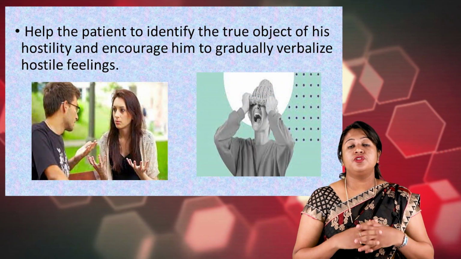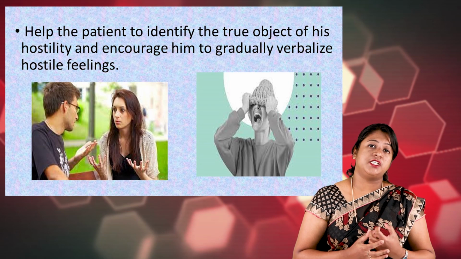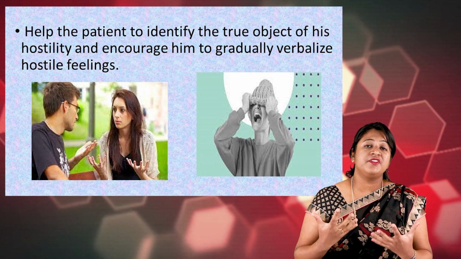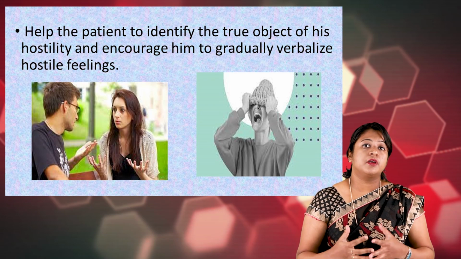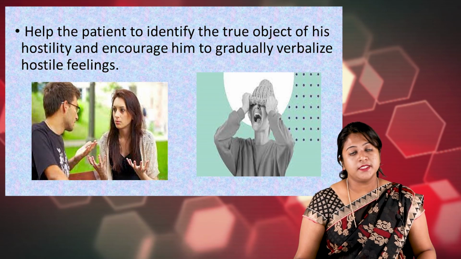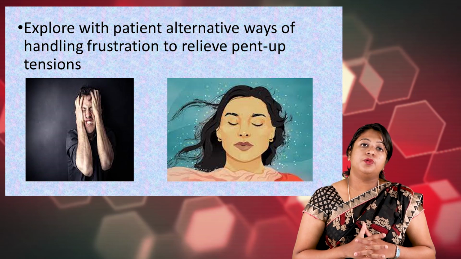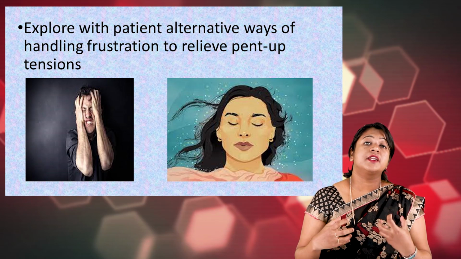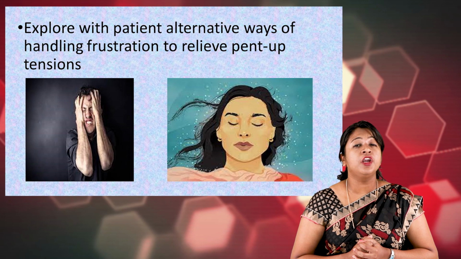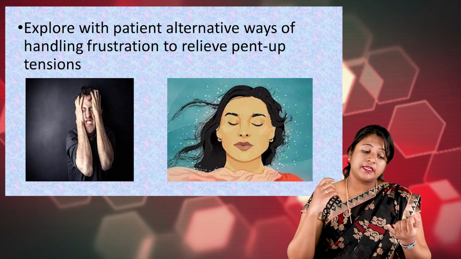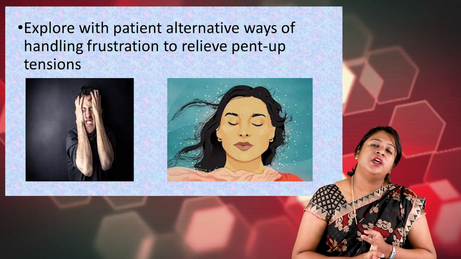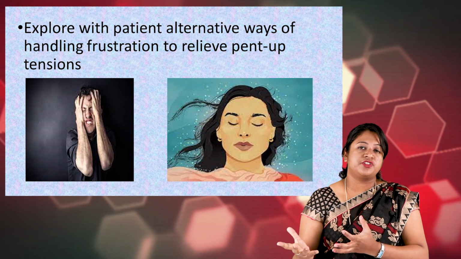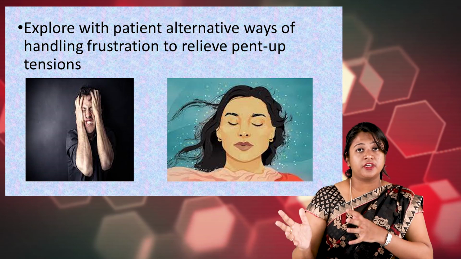Encourage the client to understand hostility, to recognize the hostile behaviors that he has, and to replace the hostile behavior with positive ones. Explore with the client alternative methods to handle frustration or aggressive behavior, such as physical exercises or running, or letting out his frustration in a better, constructive way.